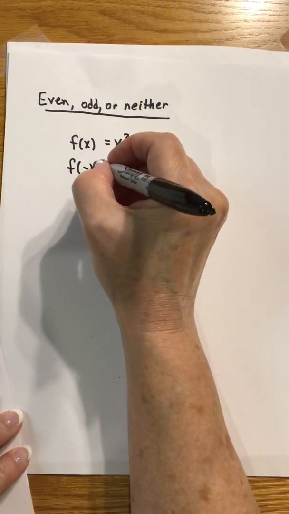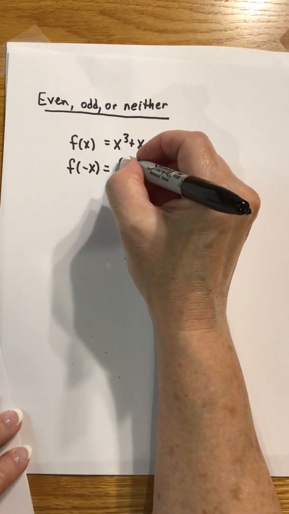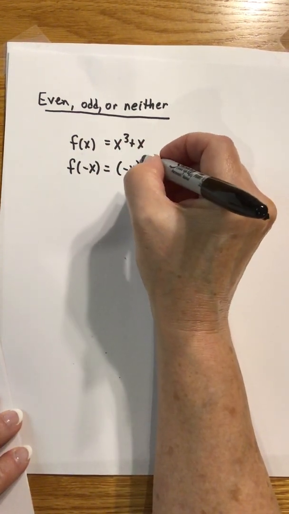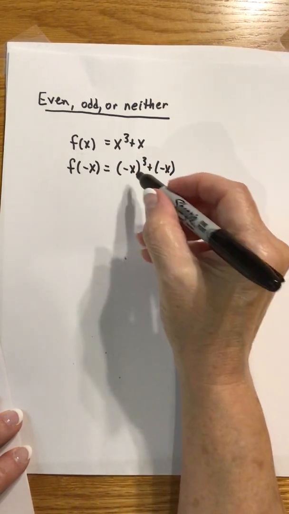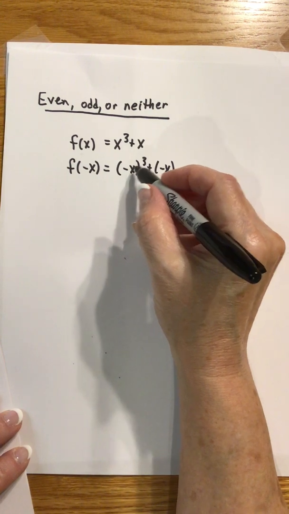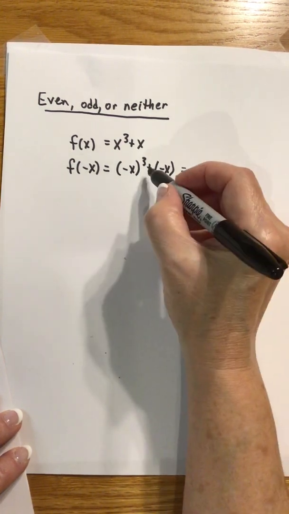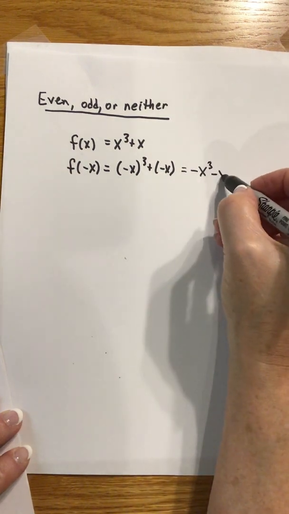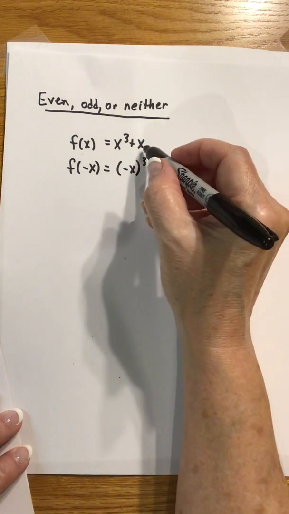So f of negative x would be inputting negative x in for x. Every place there's an x, we're going to stick negative x: negative x cubed plus negative x. Negative times negative times negative for cubing is going to give us negative x cubed, plus a negative is going to give us minus x. Now we have to compare this answer with this answer.